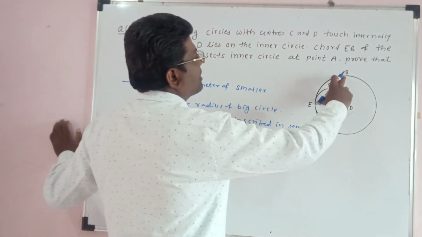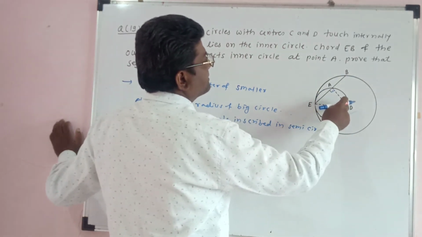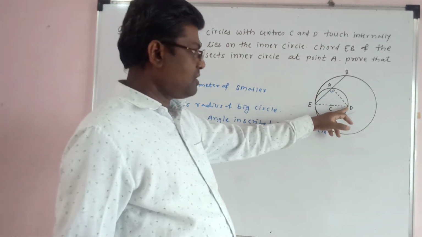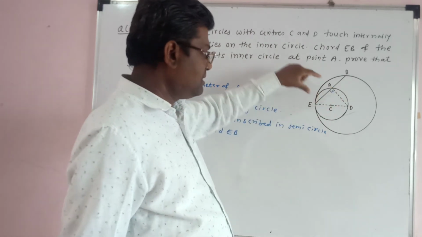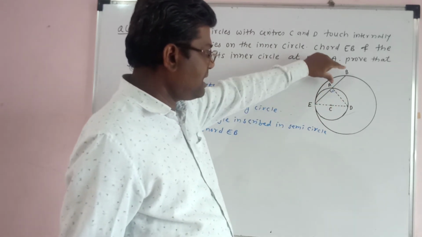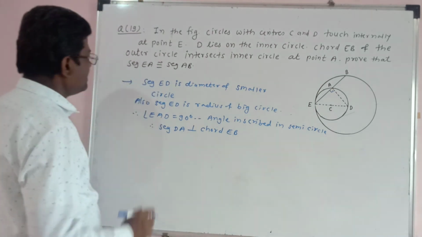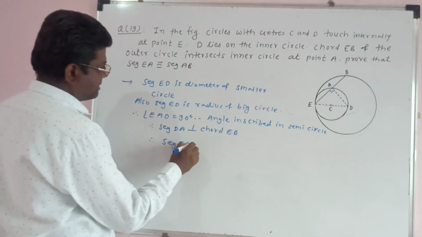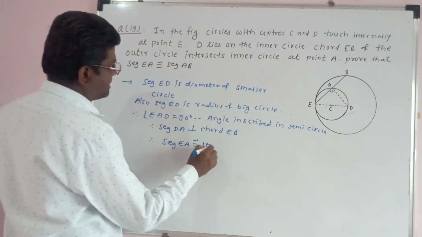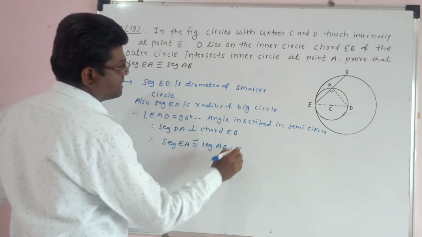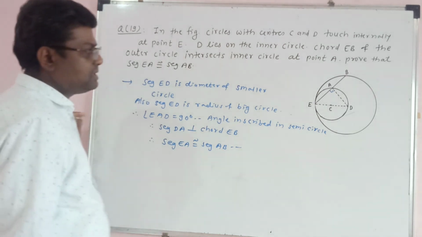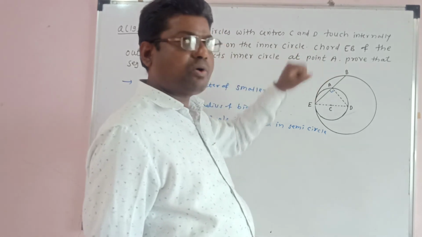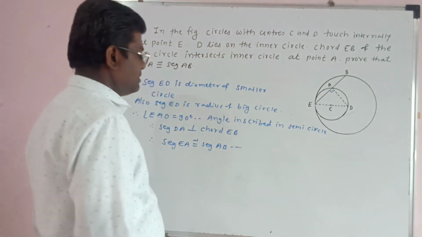This is the chord of the big circle and DA is a segment drawn from the center of the circle onto this chord. Therefore, segment EA is congruent to segment AB.